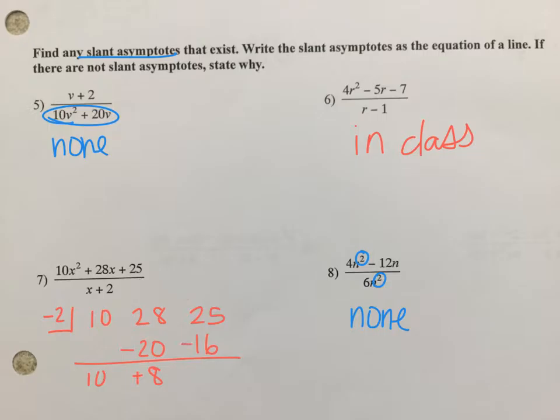That's +8. So -16, which is going to give me 9. And my equation is my asymptote. So here, right, you go back and add your zeros, x to the 0, x to the 1. So my final answer is y equals 10x plus 8. That is my asymptote.